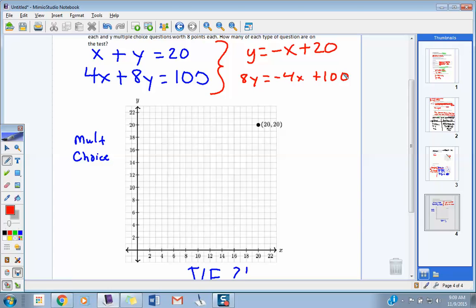Divide each side by 8. Okay, and what you end up with here then, kiddos, is y equals negative 1/2 x. How about 100 divided by 8? Is that 12.5?